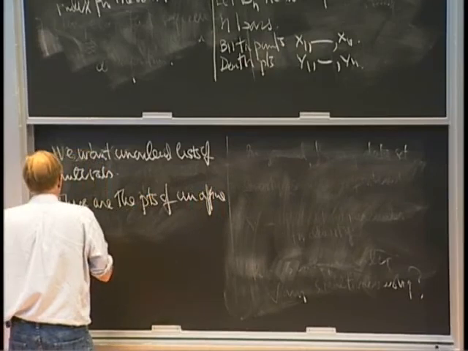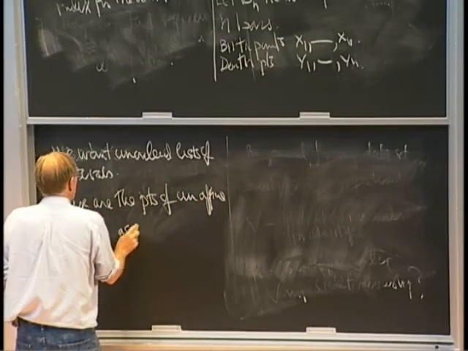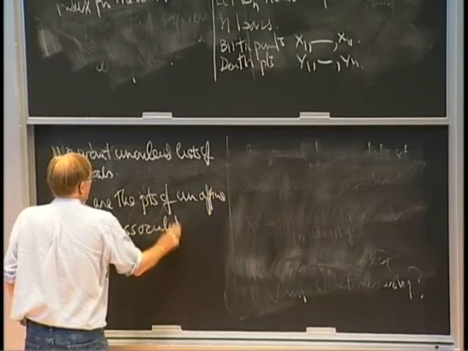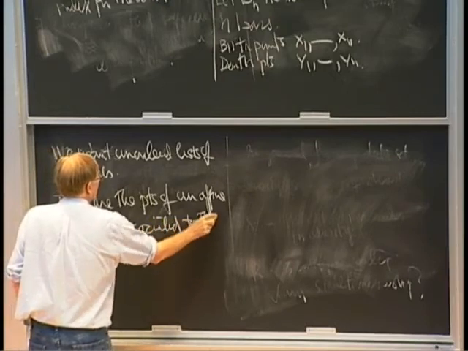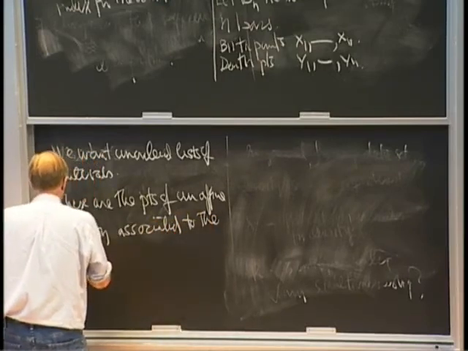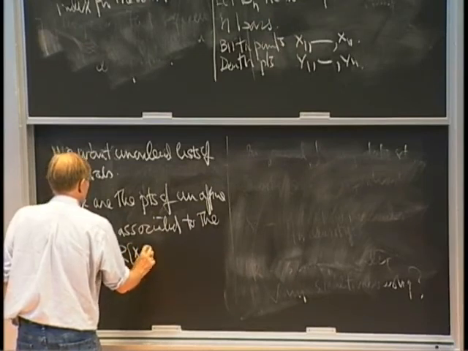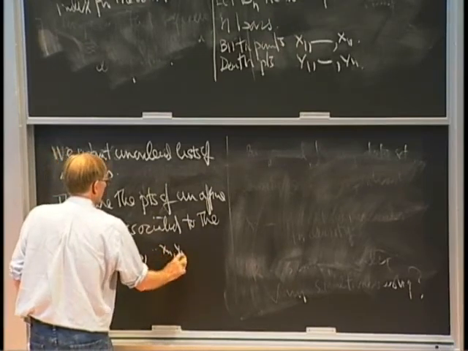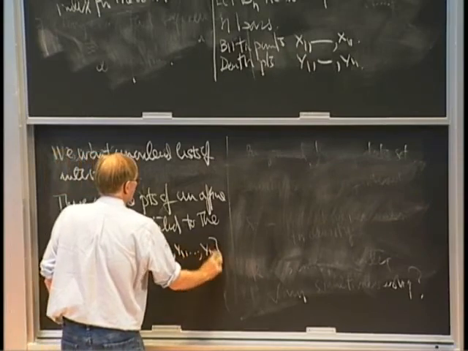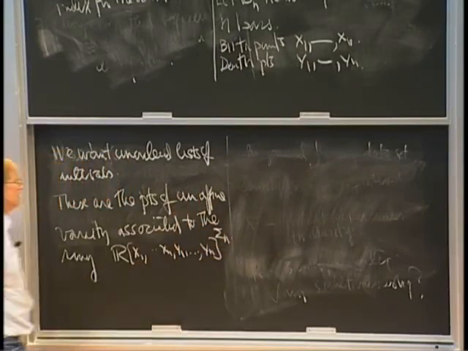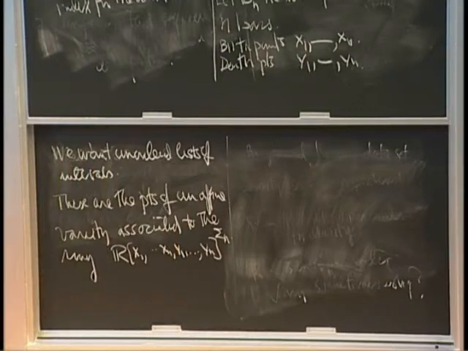That is to say, these are the points of the variety associated to the ring fixed under S_n, the invariant subring under the action of S_n acting on a bunch of x's and a bunch of y's.